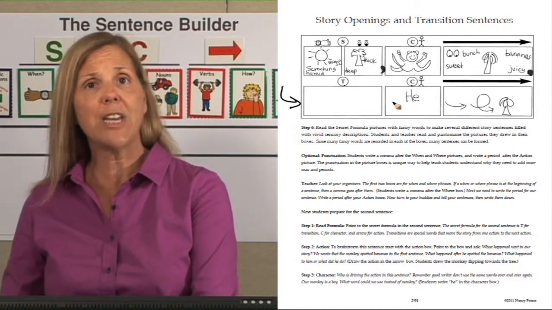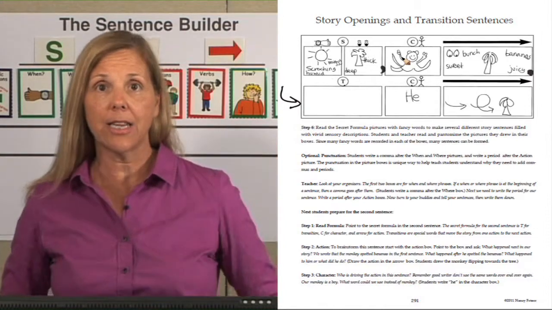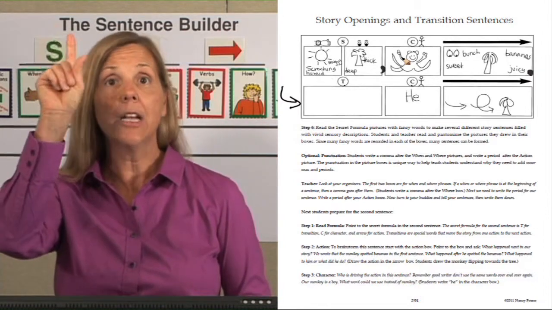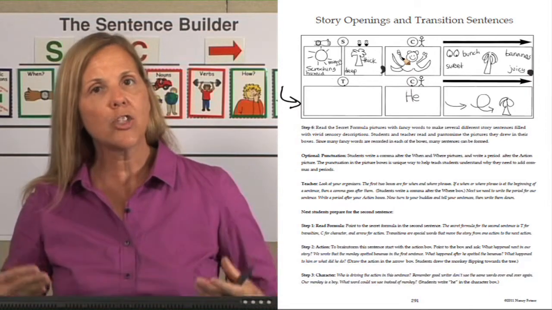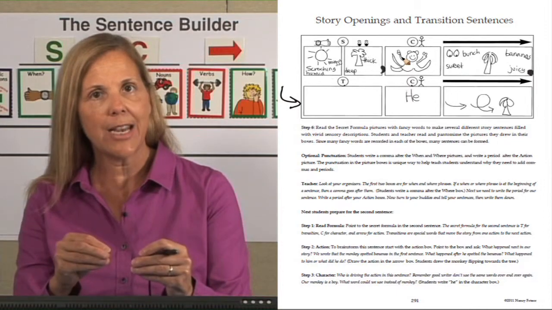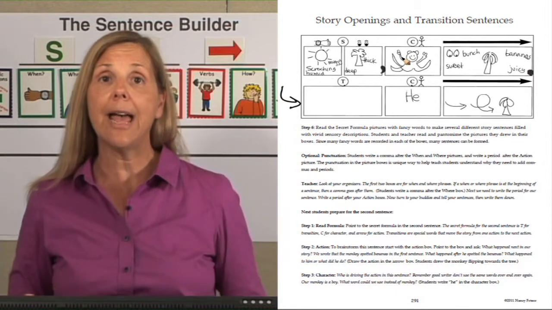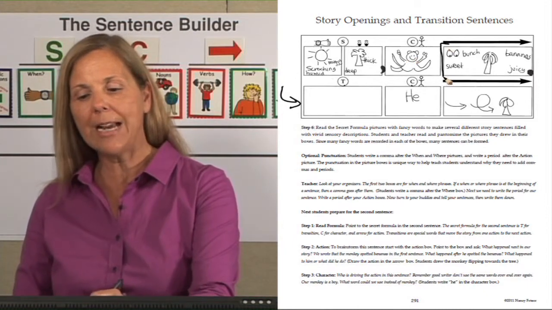The first step that we did was we said, what happened next after the monkey spotted the bananas up in the tree? That's our metacognitive question we ask to stay on topic and to sequence to the next action. What happened next? So that we're using that phrase. Then we go back to this action up here.